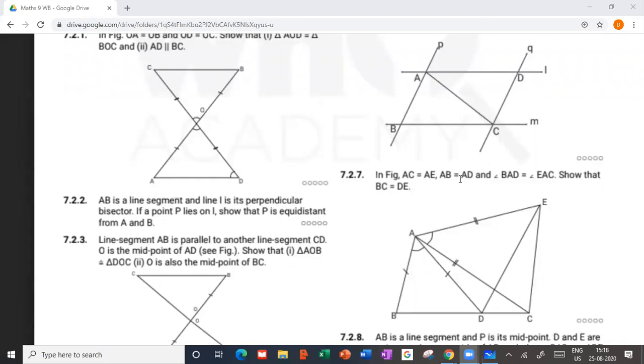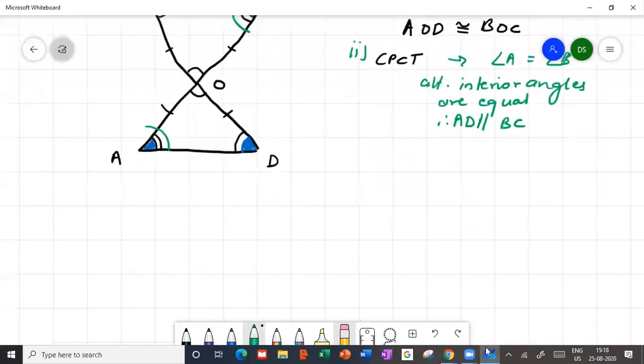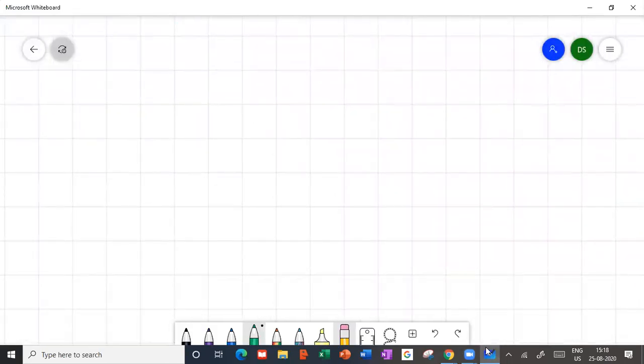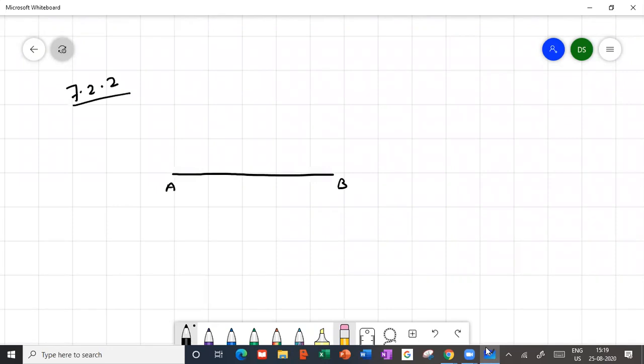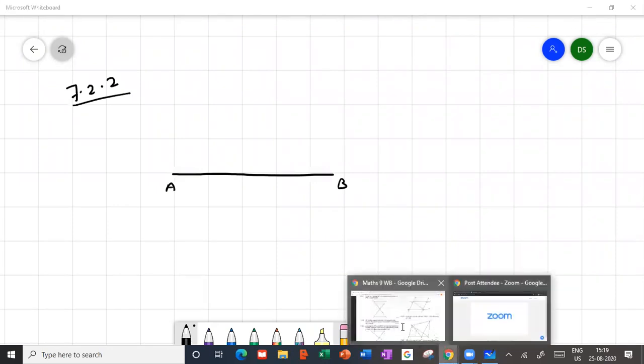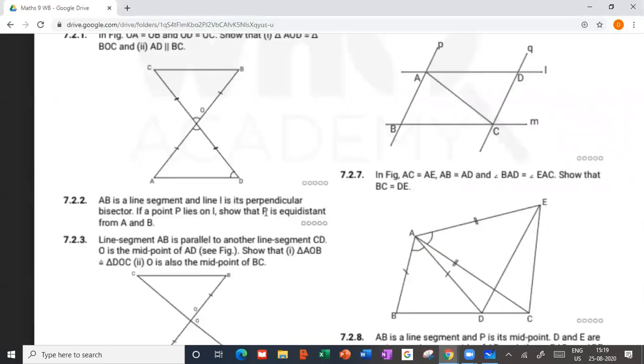So they are saying AB is a line segment. This is question 7.2.2, correct? This is AB. Then they are saying line L is its perpendicular bisector.